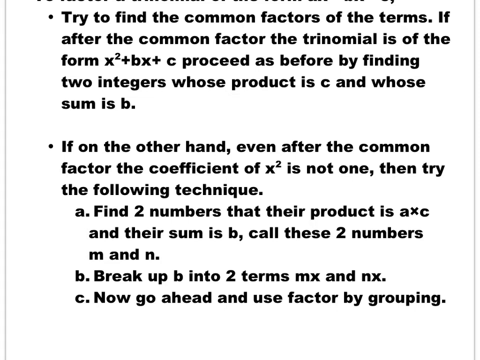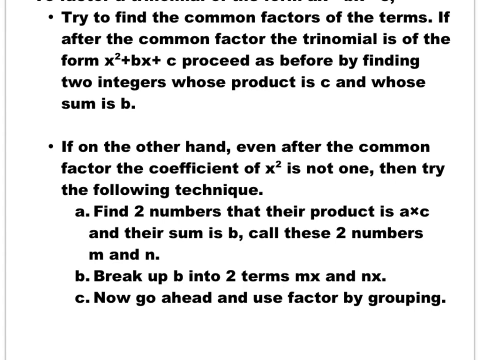Then we find all the factors of that product and see which pair gives you a sum of B. If we can find those two numbers, then we break up the middle term, bx, into two terms, mx, which is one of those numbers that we found, and nx, which is the other one. And then we use the grouping method to factor the trinomial.